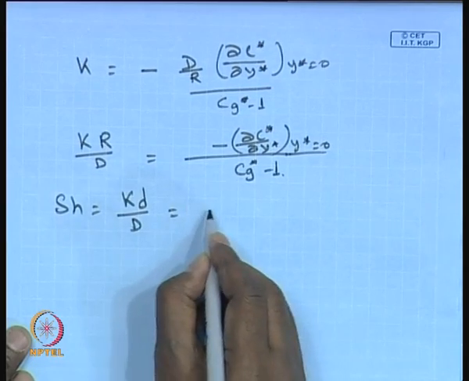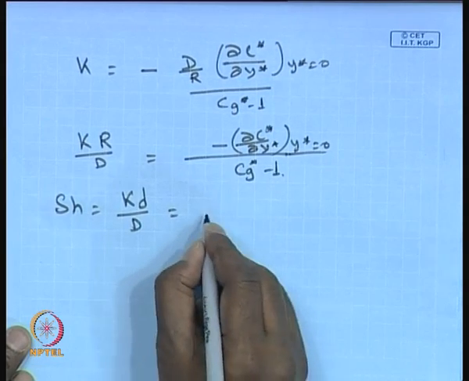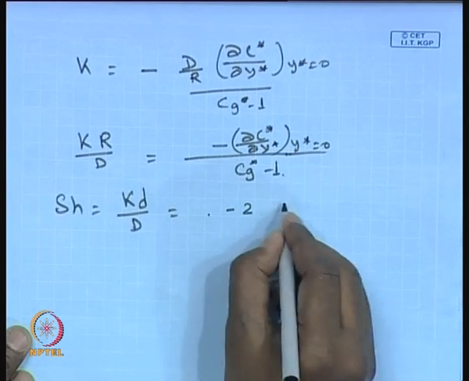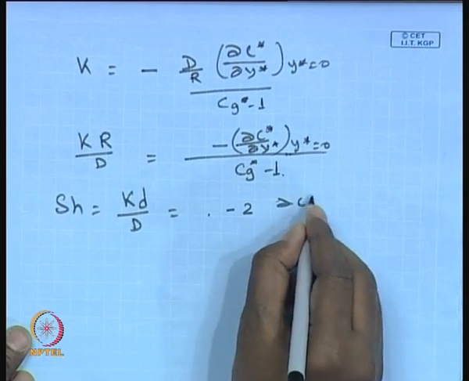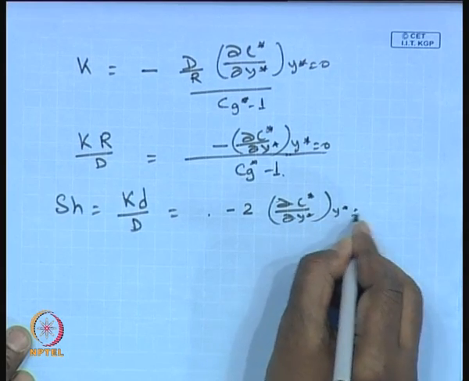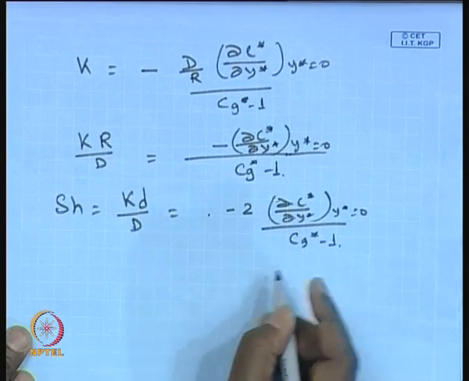So, it will be minus 2 del C star del y star at y star equal to 0 divided by C_g star minus 1.